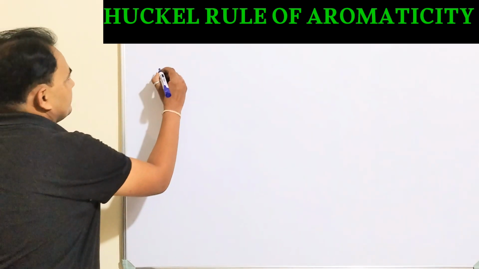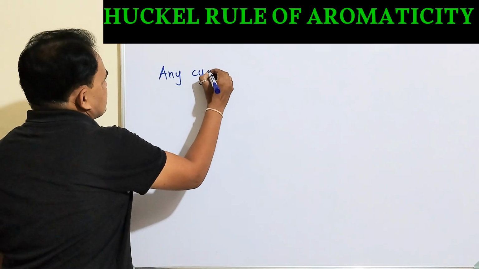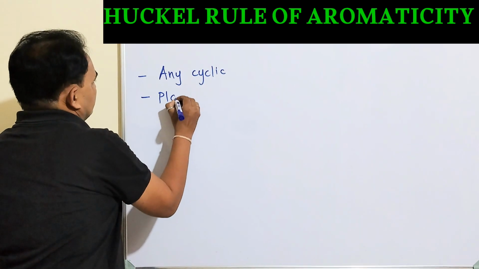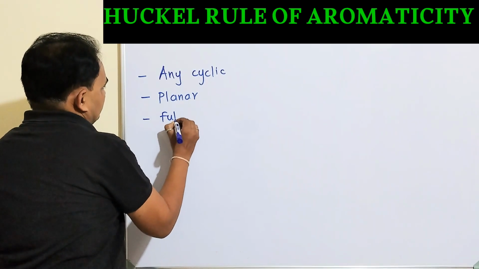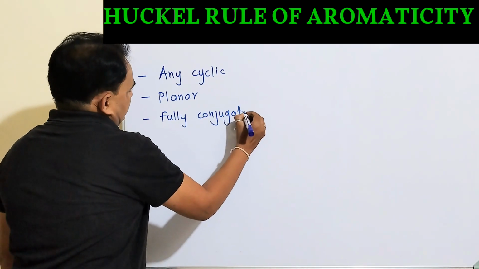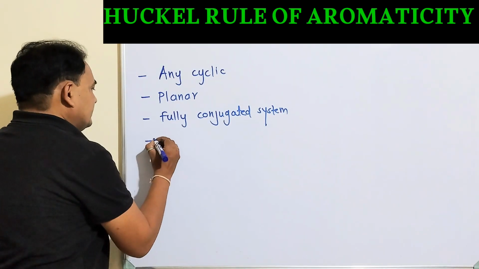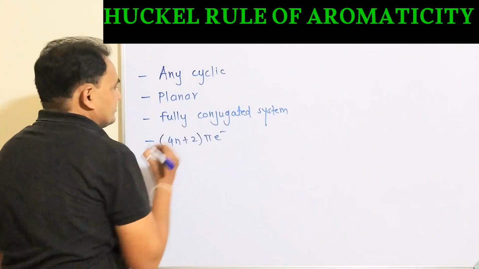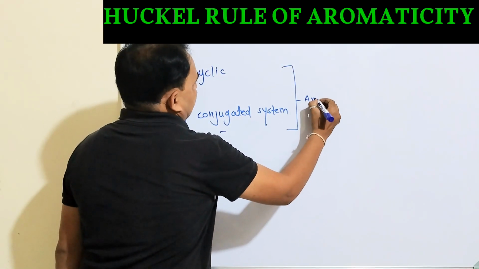So according to Huckel rule, any cyclic, planar and fully conjugated system containing 4n plus 2 pi electrons is said to be aromatic.